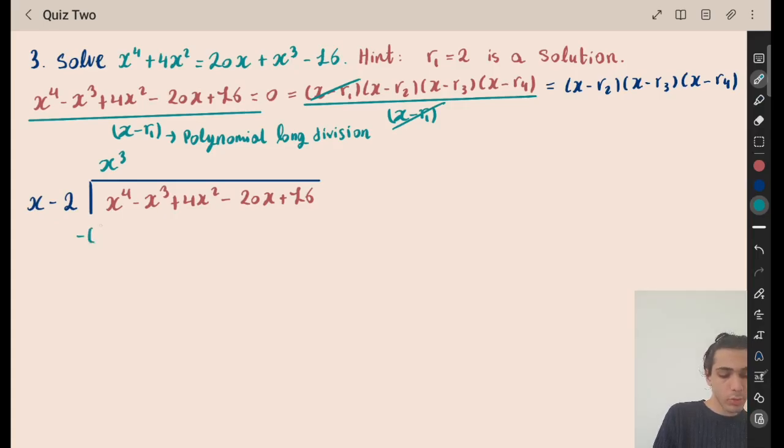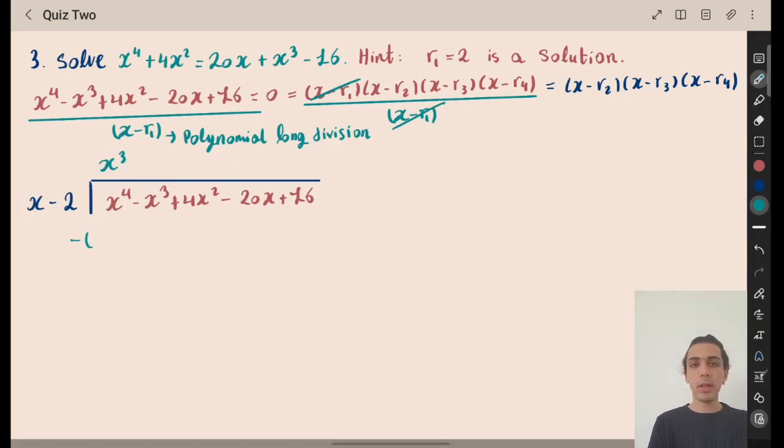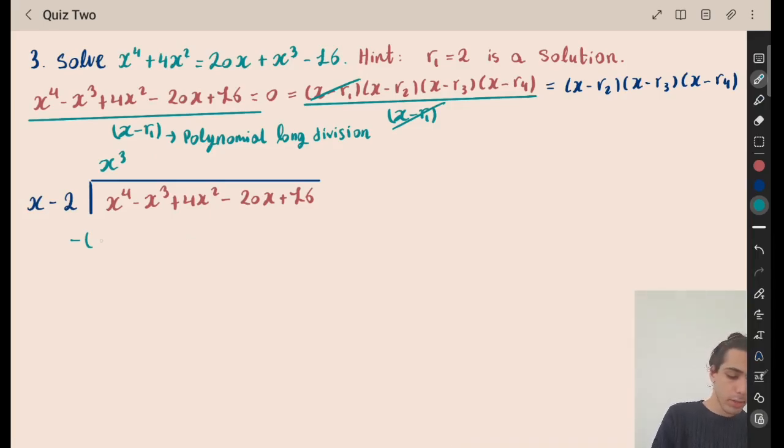The next step usually is to take away the product of x cubed and these two things. So you take the product of this thing and x minus 2. So you get x to the 4th. Wow. This is not a surprise because we've chosen it specifically to work in that way. And then you take away 2x cubed. This is just multiplying this by that.